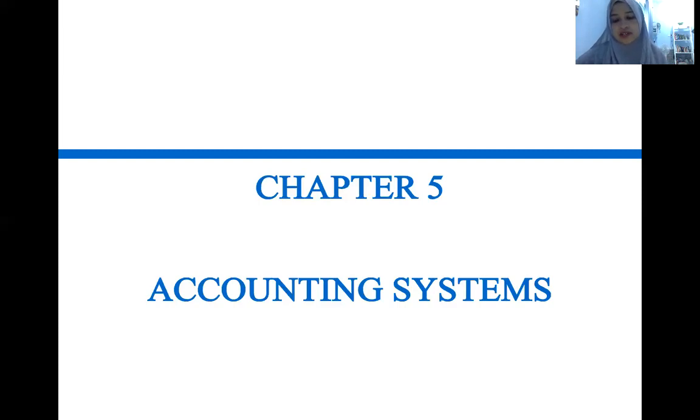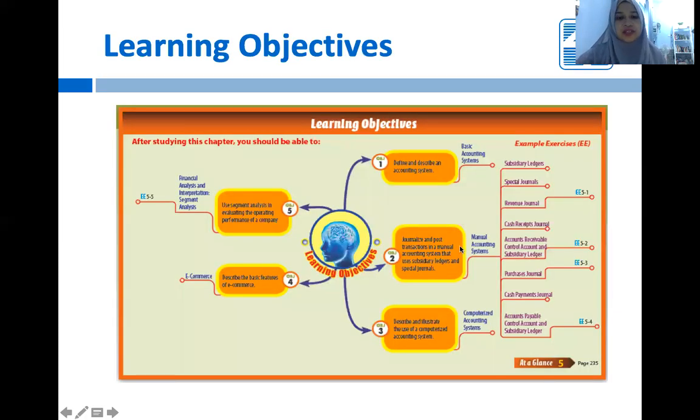Okay, for accounting systems, as the term system suggests. In this topic, basically, we'll define and describe what an accounting system is, and then we'll get to know the manual accounting system by learning specifically about subsidiary ledgers and special journals. Previously, you just knew the ledger and the general journal.